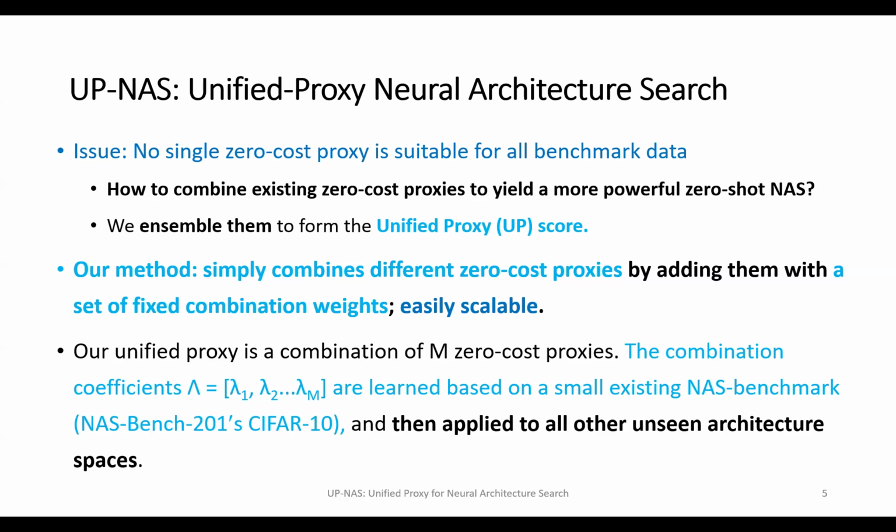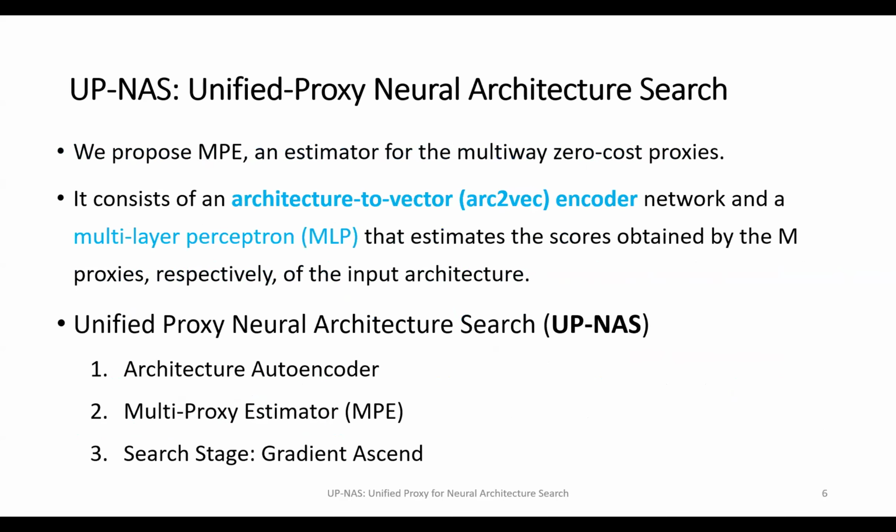For example, we only use the NAS-Bench-201 CIFAR-10 subset for learning such a linear combination, which can then be used for other unseen architecture spaces. Our approach is called MPE, multiple proxy estimation, an estimator for multi-way zero-cost proxies.